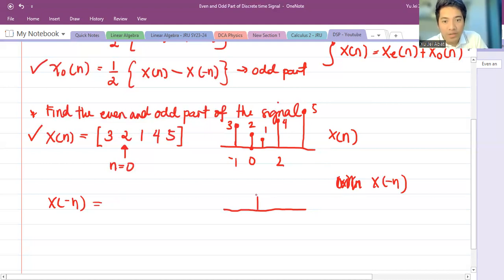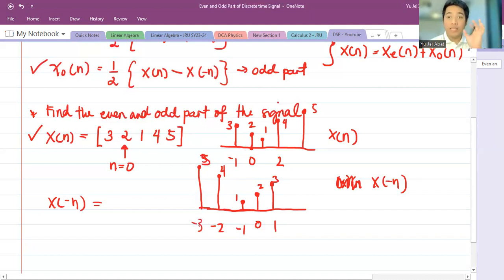Of course, the 2 will still be at 0, but this 3 now becomes in this position, 1, and the rest becomes flipped. So we have 1 here at the negative 1, and we have 4 here at negative 2, and then we have 5 lastly at negative 3.